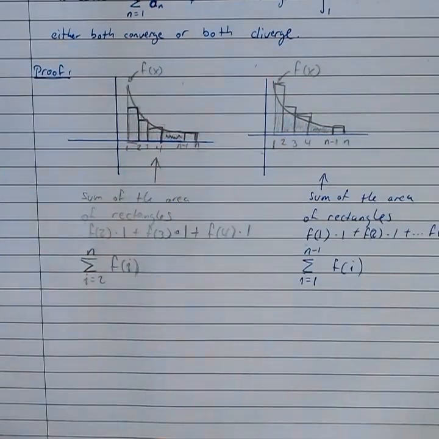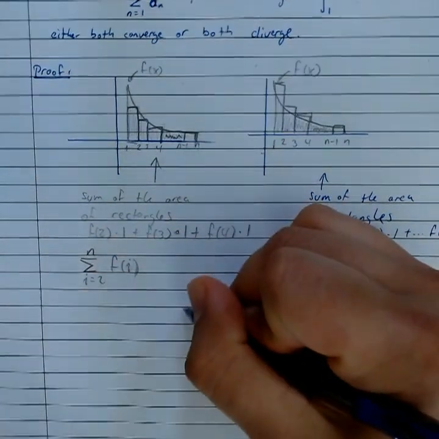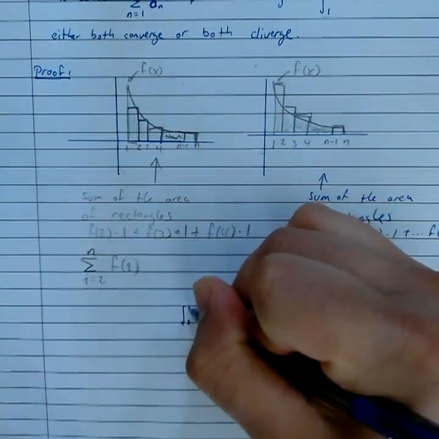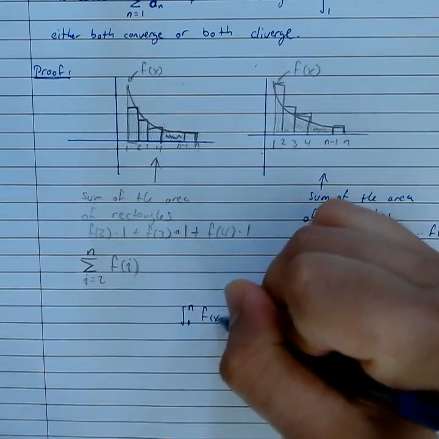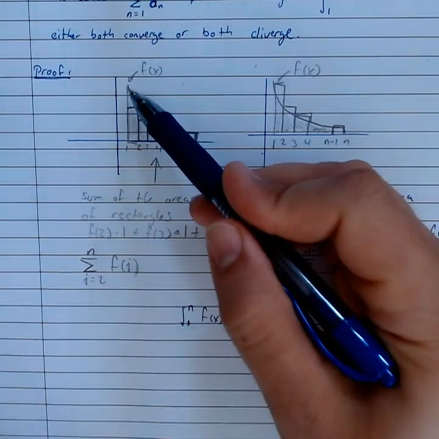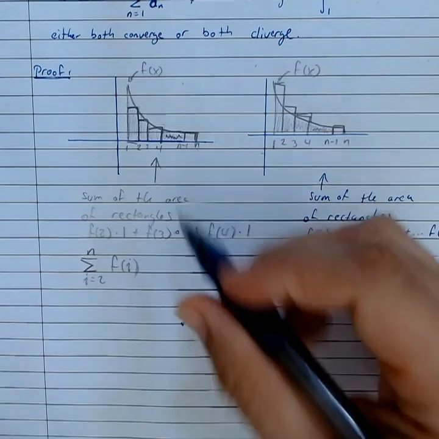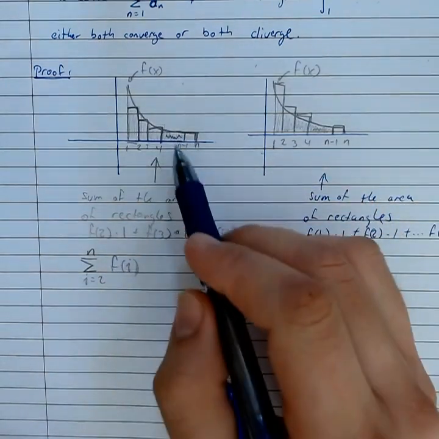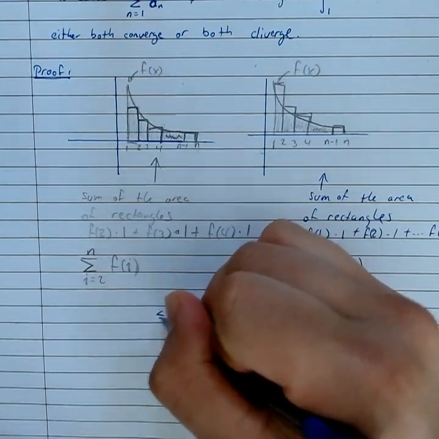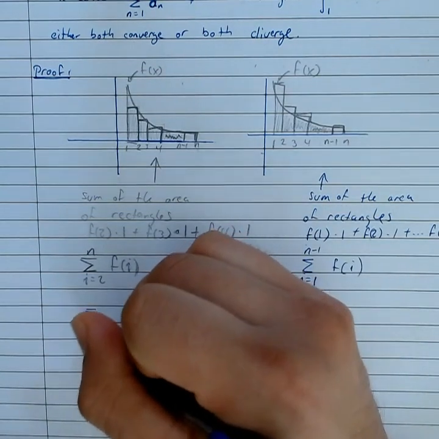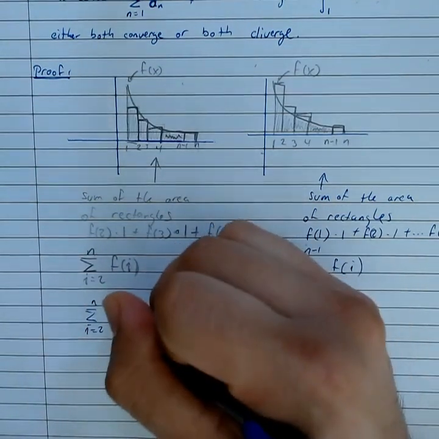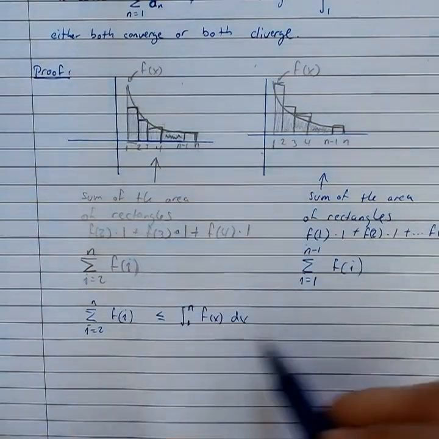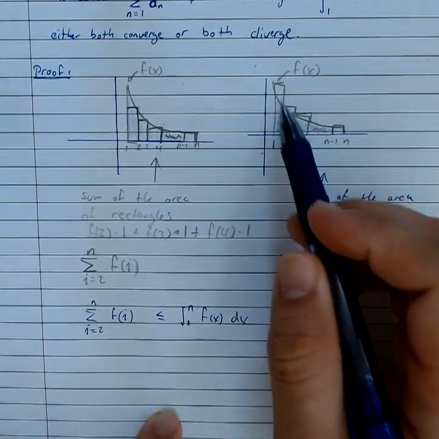So we could write that as the area from 1 up to n of f of x dx, or in other words, the area underneath the curve. We know it's got to be more than the sum of these rectangles because those are all too small. And we know it has to be less than the area of these rectangles because these are all too big.